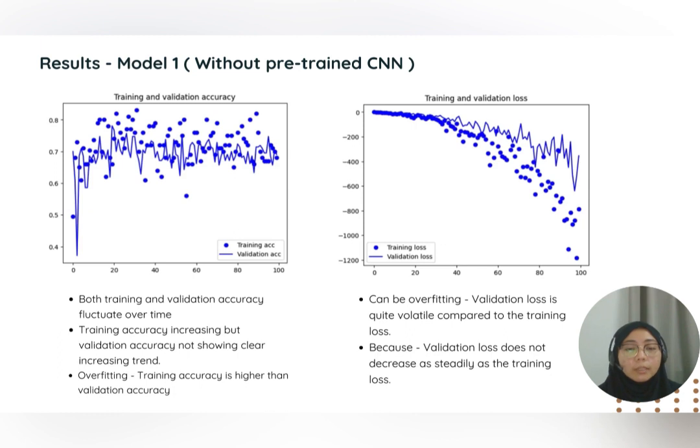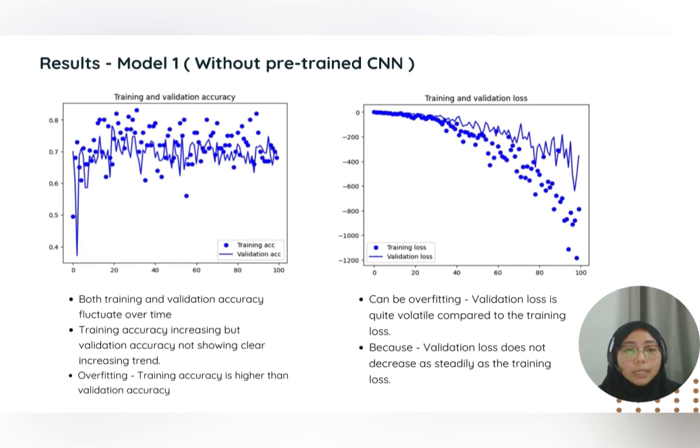The validation accuracy also starts around 0.5, but it doesn't show a clear increasing trend like the training accuracy does. It fluctuates around the 0.7 mark, but generally remains below the training accuracy. So this graph is said to be overfitting as the training accuracy is higher than the validation accuracy.